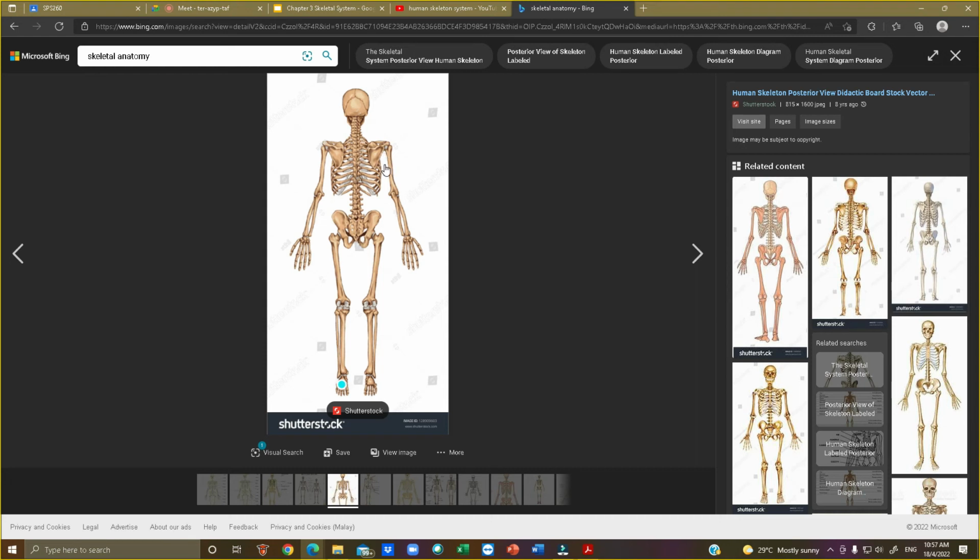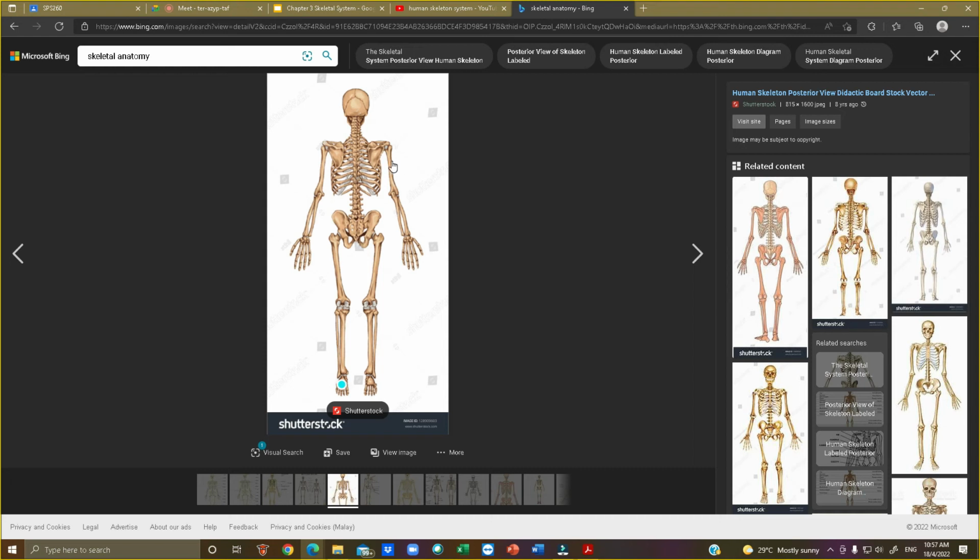So if we give compressive strength from left and right, it will break this one much faster compared to if we give from top to bottom, because this bone is made to withstand compressive strength from top and bottom.